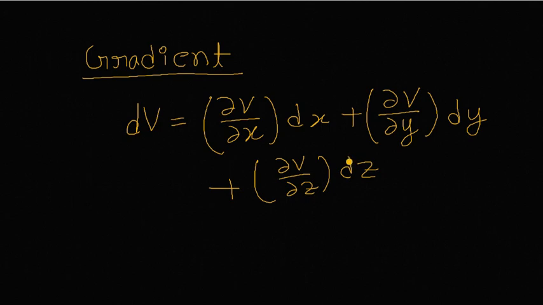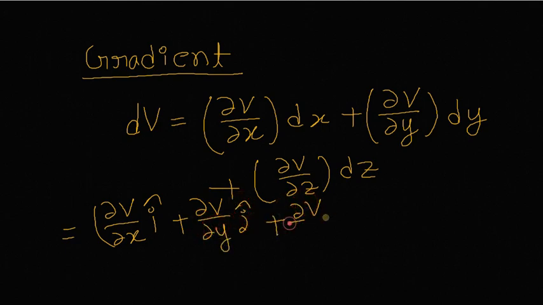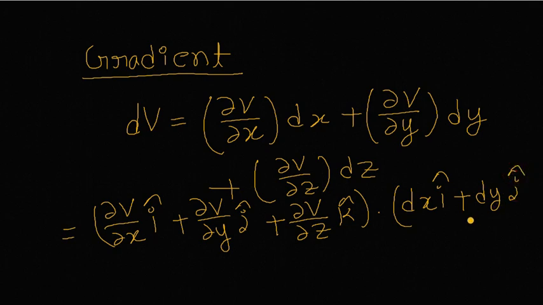Now we can write this value of dv in this form: del v/del x i cap plus del v/del y j cap plus del v/del z k cap, times dx i cap plus dy j cap plus dz k cap, where i cap, j cap, k cap are the unit vectors along the direction of the x, y and z axes.